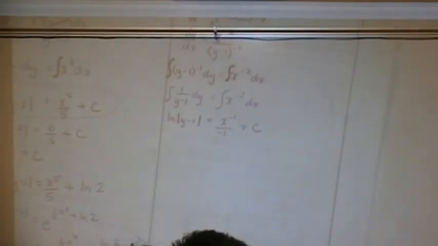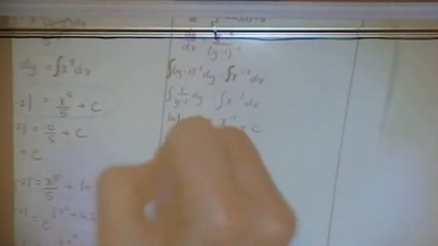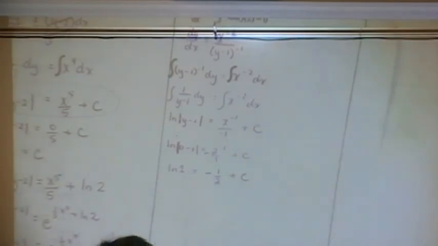Okay, so now let's plug in. We know that f of 2 equals 0, so, alright, there's another log property, I don't know if you remember.